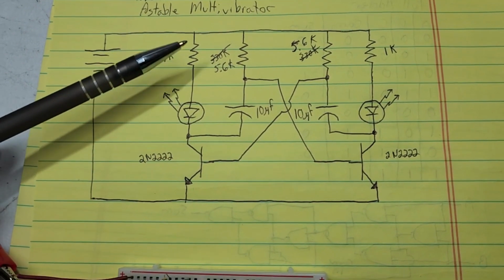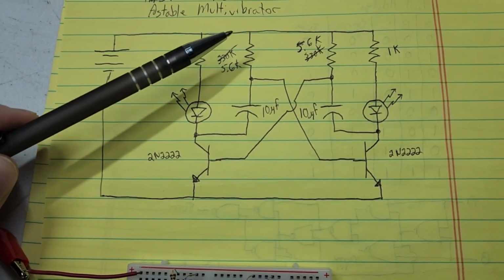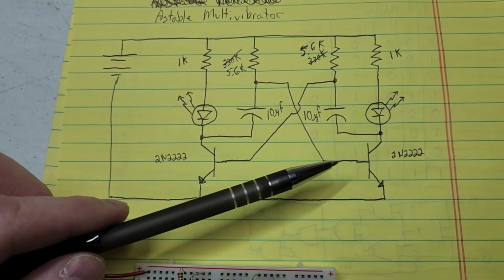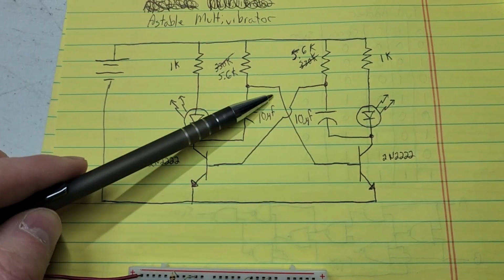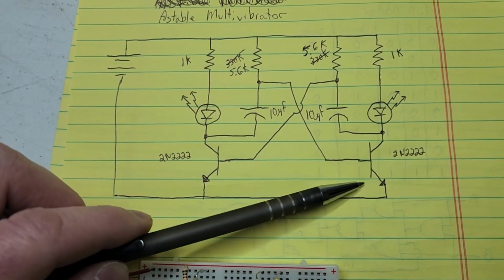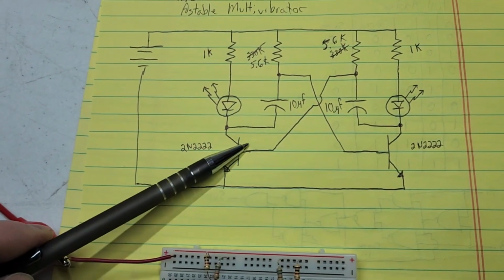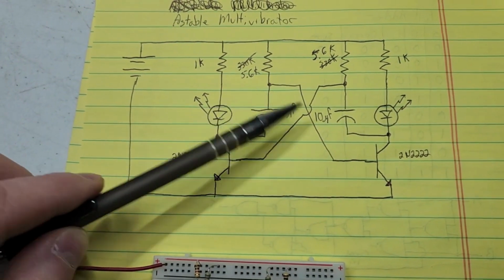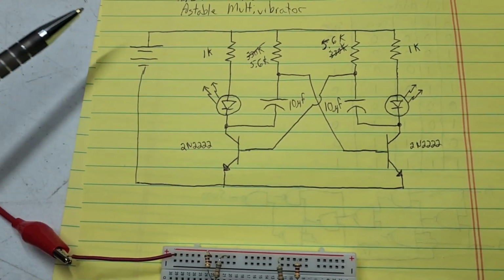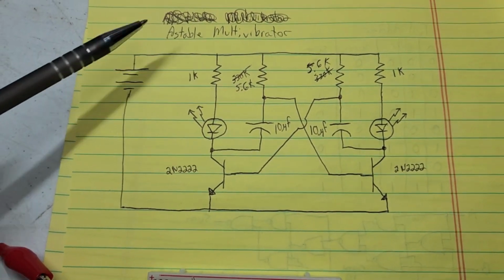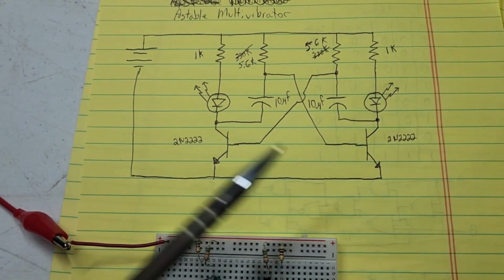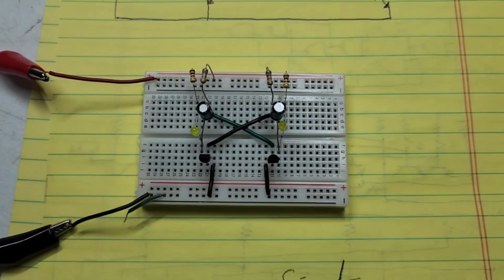Basically the cap charges enough to close this one, turns the LED on, then this one charges enough to turn this one off and turn this one on, and it just flips back and forth. And that's why it's called Astable Multivibrator. There's no stable state, right? It flips back and forth. Anyhow, this is what I built.